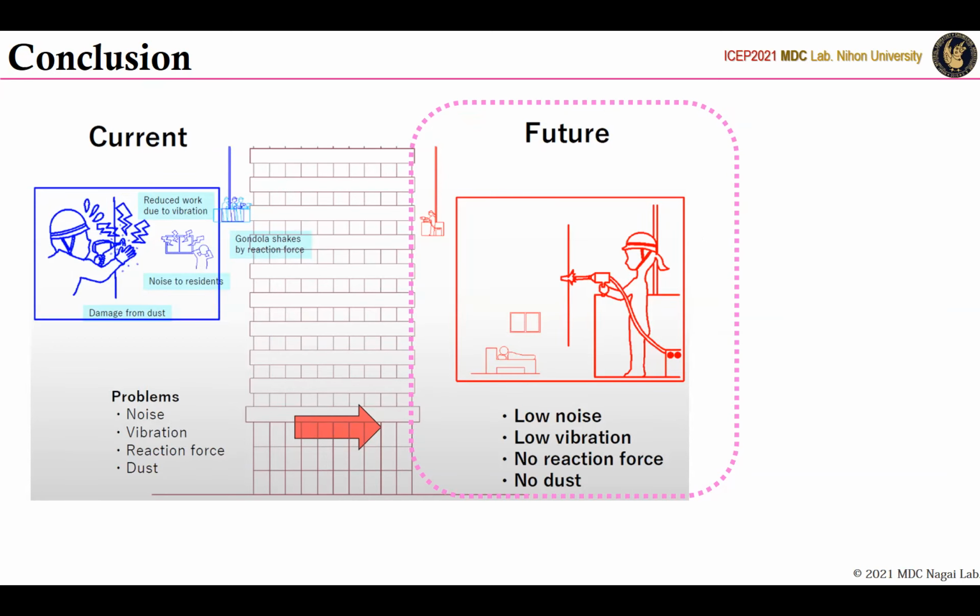However, the 500-watt laser oscillator is now as small as to fit on a gondola. So you can see that this image is becoming a reality. It's not in the future. We believe that quiet renovation work can be achieved.